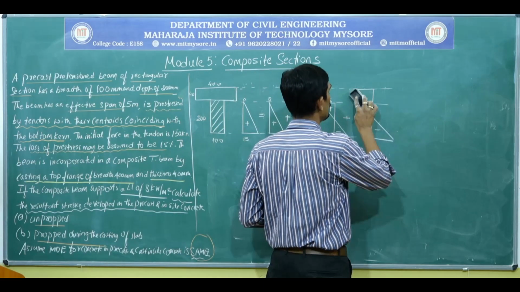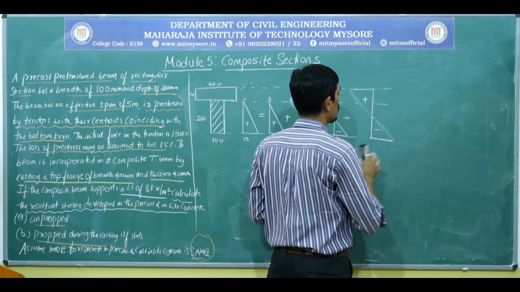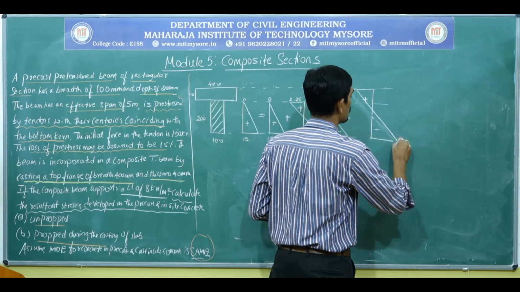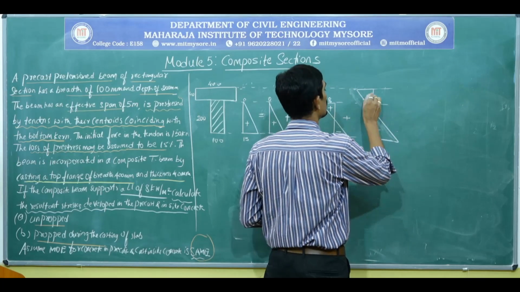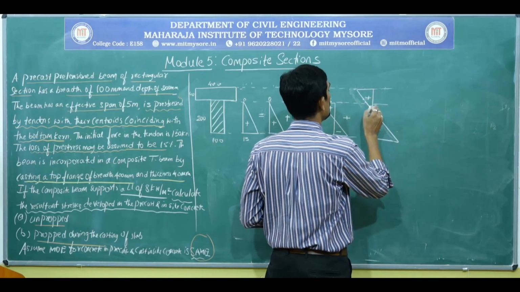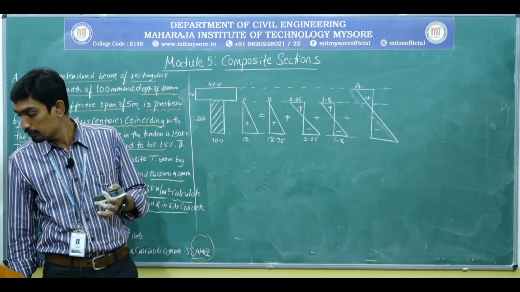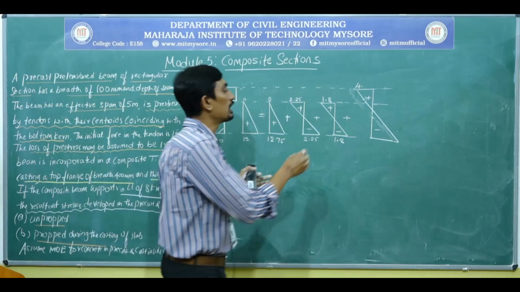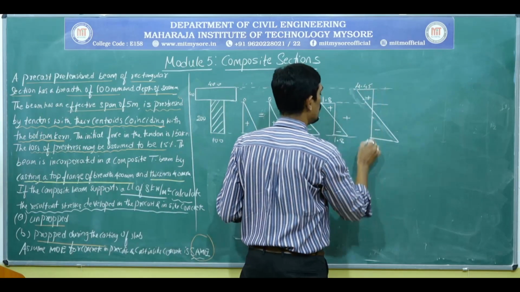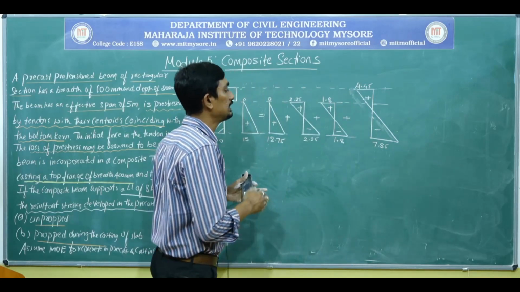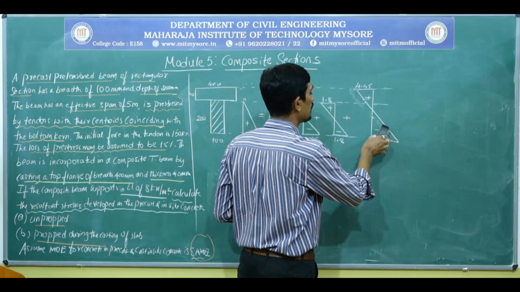You need to draw it a little bit to scale, not exactly to scale, but at least a little bit. So what stress have we obtained? 4.45 at the top and 7.85 at the bottom.